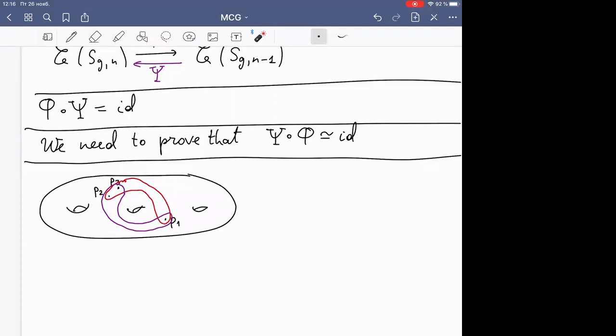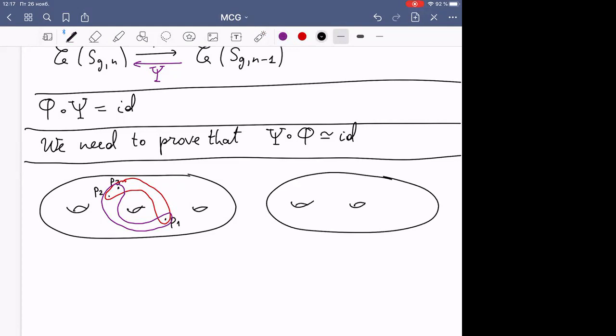When we insert the puncture back, this means that this red and violet curve are isotopic in this surface with P1 deleted.